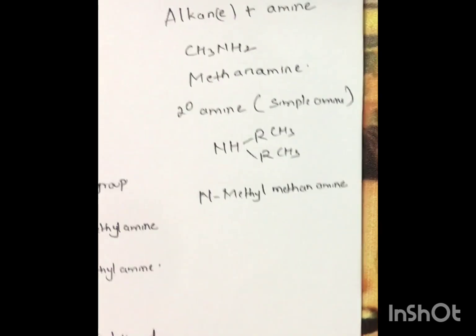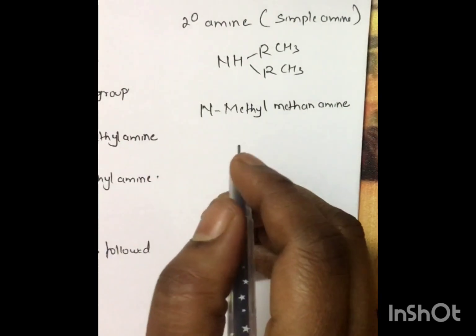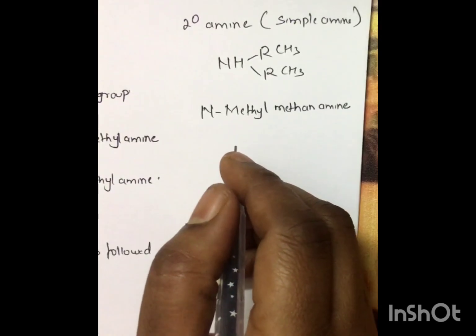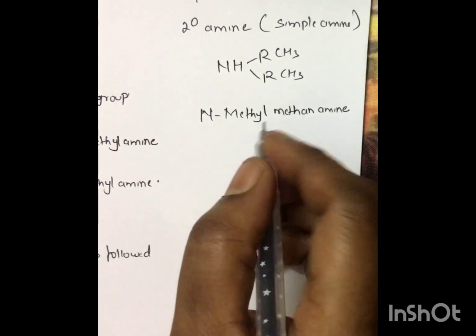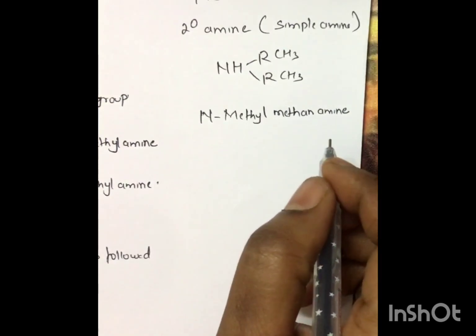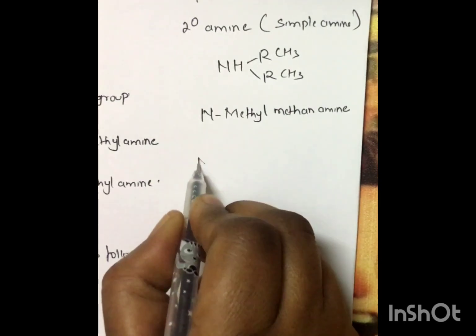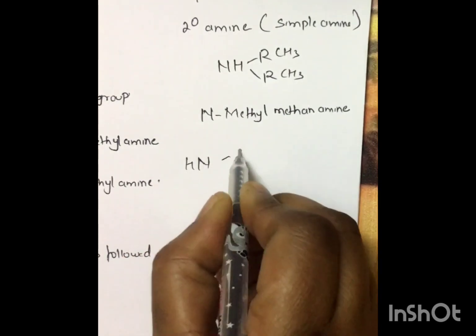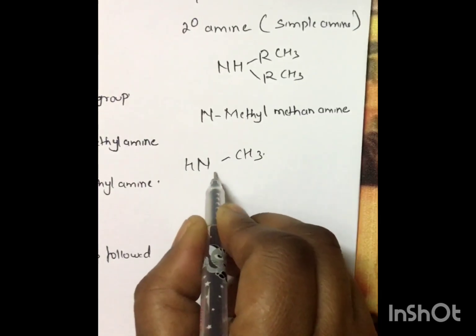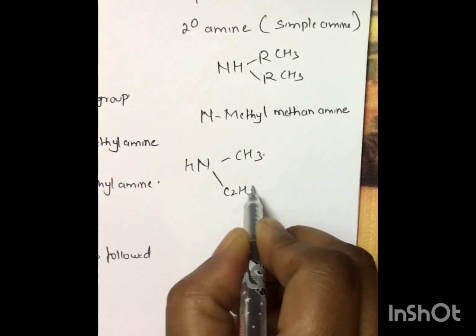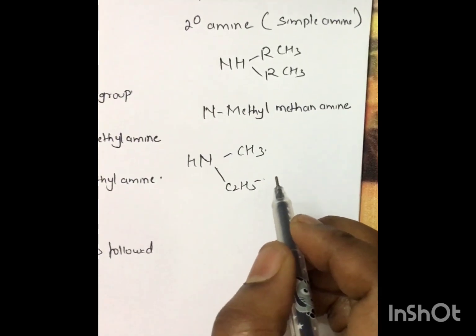Let us see for a tertiary amine, if R groups are different. Let us see if R groups are different, then NH CH3 C2H5.